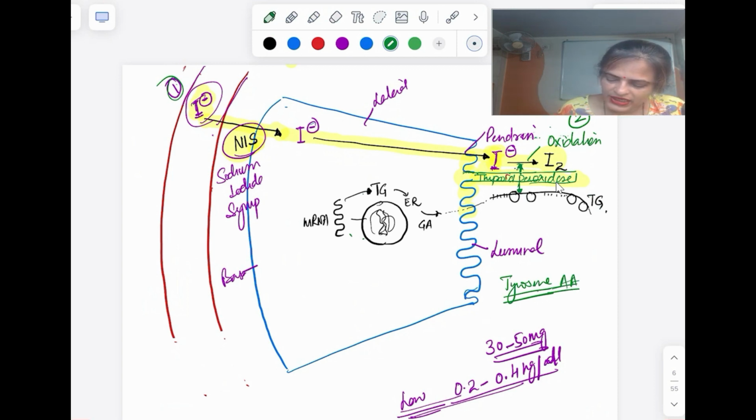So it gets organified by combining with the tyrosine, and this tyrosine is present on the thyroglobulin. It's an important component of the thyroglobulin, which I have shown here.